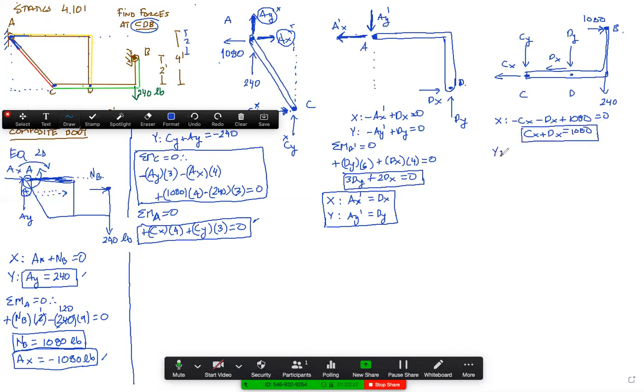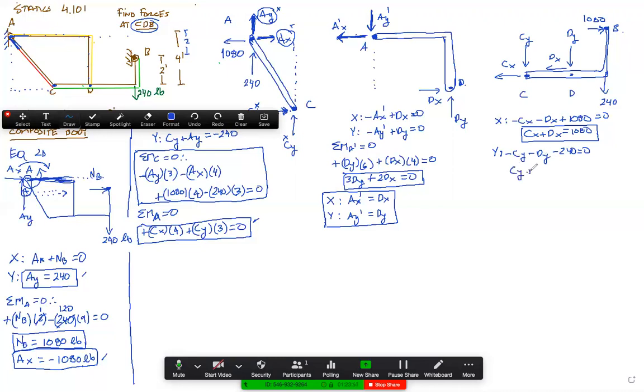Now for y, what would I put? Minus CY minus DY. This thing is going down, which is minus 240, equals 0. Yeah, I'm going to change something.